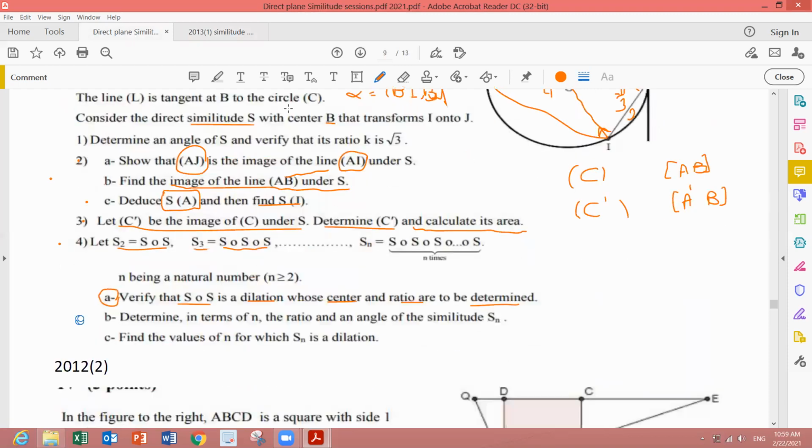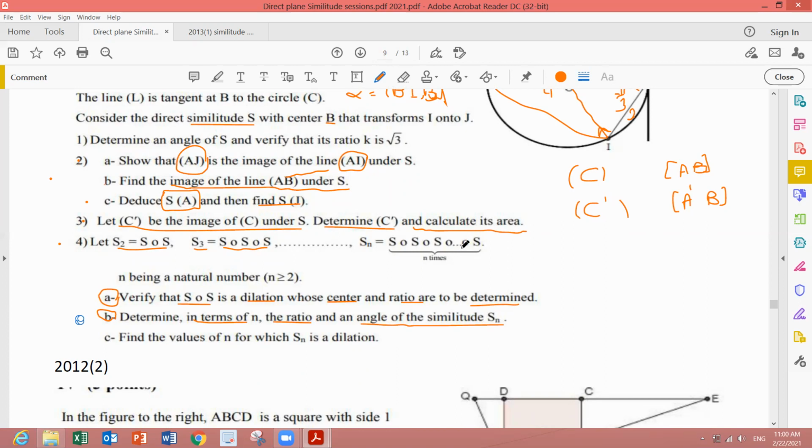Part B. Determine in terms of n the ratio and the angle of the similitude Sn. Sn is S round S round S round S. What is the ratio? K times K times K times K. How many times?